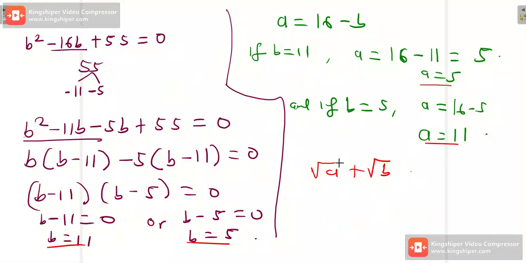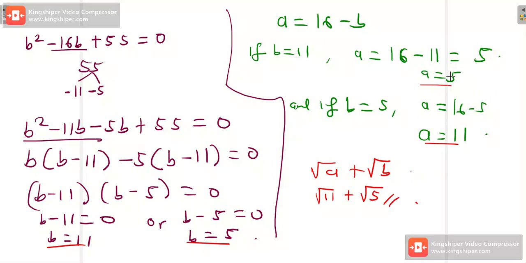So let's say a is 11. So we are going to get root of 11 plus root of b. Sorry, root of 11 plus root of 5. And that is the answer. Well, if you don't want to use a as 11 and you want to use a as 5, then you are going to get root of 5.